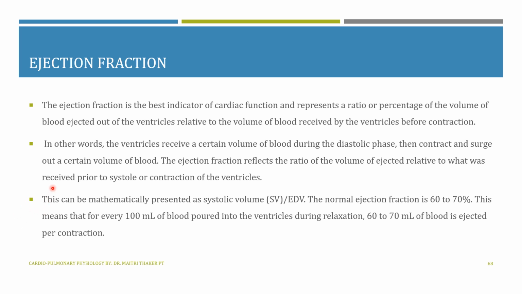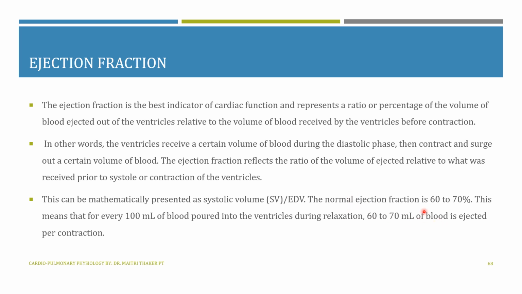The amount of blood ejected in every beat is your ejection fraction. It reflects the ratio of volume ejected relative to what was received prior to systole, or prior to contraction. This can be presented mathematically as stroke volume divided by end-diastolic volume.